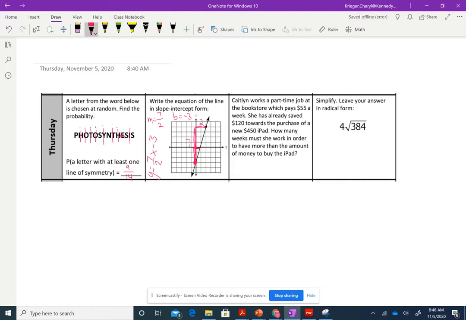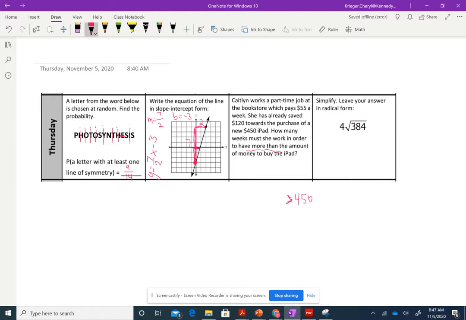Okay, so we know she wants more than or equal to $450. Well, actually, I think this one is not greater than or equal to, because it says how many weeks must she work in order to have more than. More than is just greater than. So this amount that she wants is more than $450.